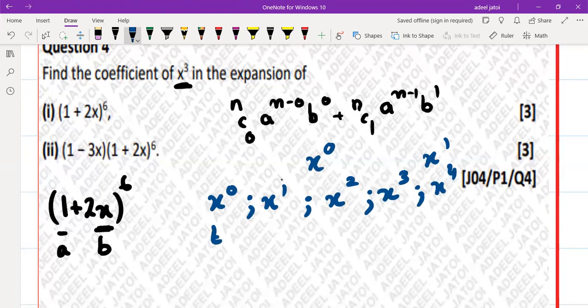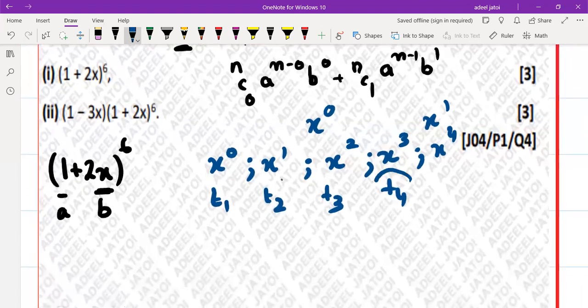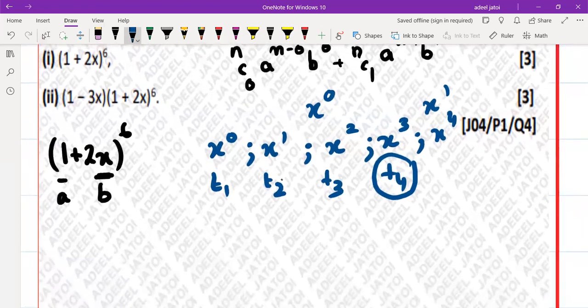Can I say this is your term 1? This becomes term 2. This becomes term 3. This becomes term 4. Whenever you have a term, you will always take the power 1 less than the term. Your main power is 6. Your term was 4. That means you are going to take 3.